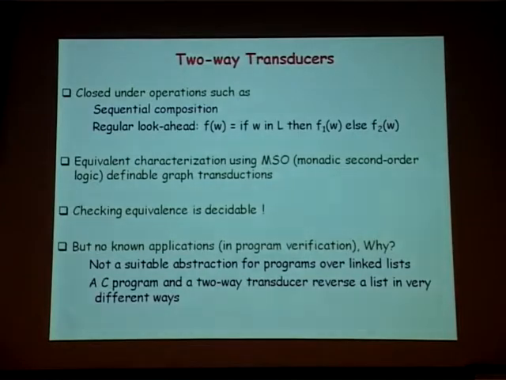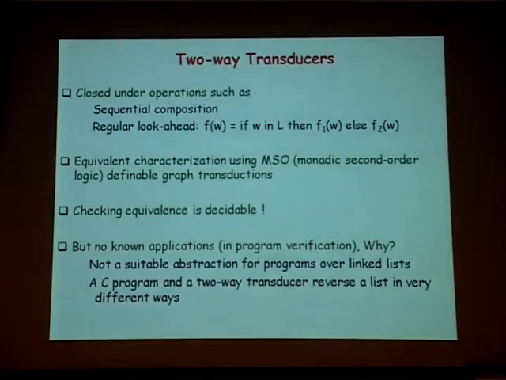But as far as I know, there has been no application of two-way transducers, at least in the context of program verification. And one plausible reason is that this is not how programs work. The program that you would write to reverse a list has almost nothing to do with the way a two-way transducer does reverse.